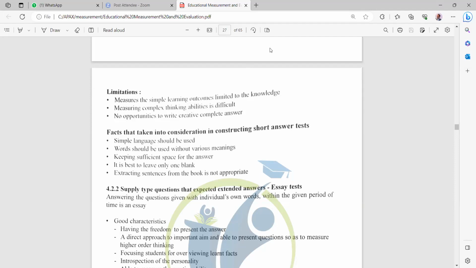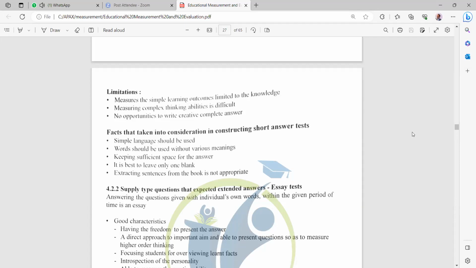Measuring complex thinking abilities is difficult, because such questions cannot be made. Now this is a limited answer. You can't go for extended answers. So it's difficult to measure complex thinking abilities. There are no opportunities to write creative, complete answers from the side of the learner.